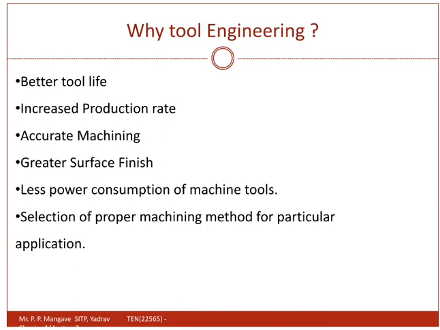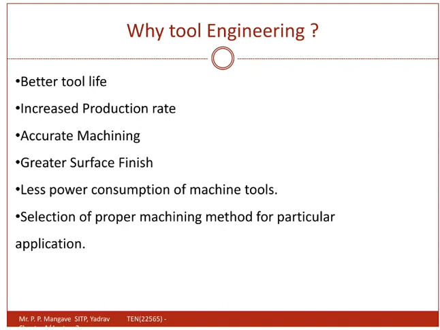And last, that is selection of proper machining method for a particular application. Whenever a particular finished product is to be generated, a proper machining sequence is to be decided. It is not that you can easily do a machining process by selecting any of the machining parameters and remove any amount of material.